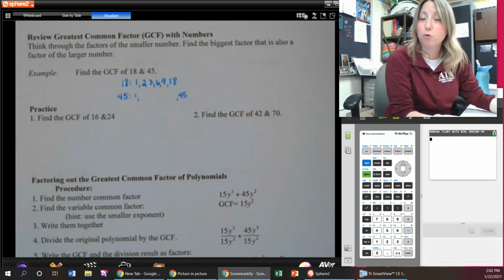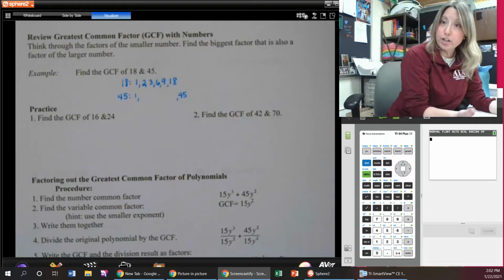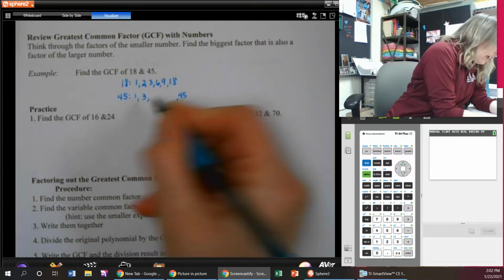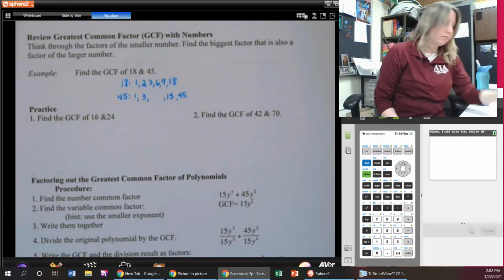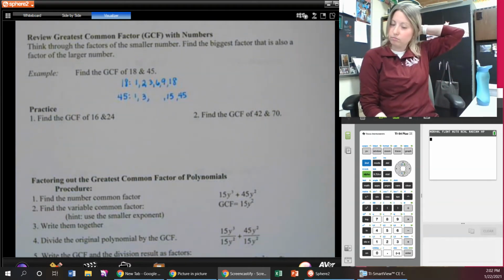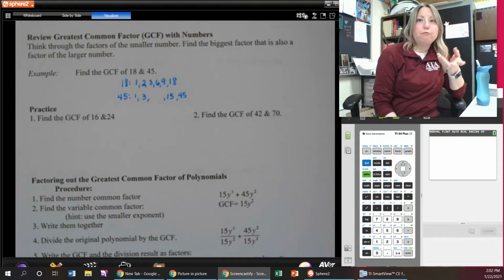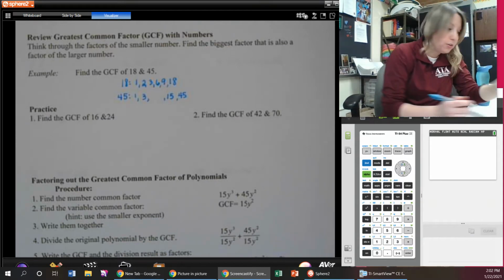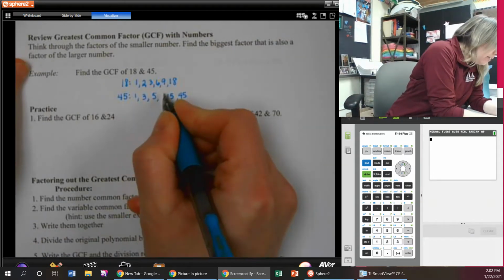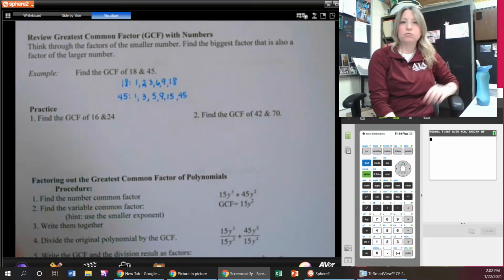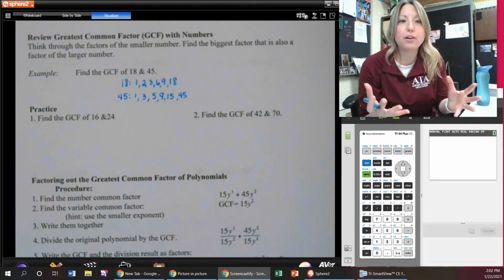No 2, because 45 is not even. So 3 and 15. Not 4, but 5 and 9.